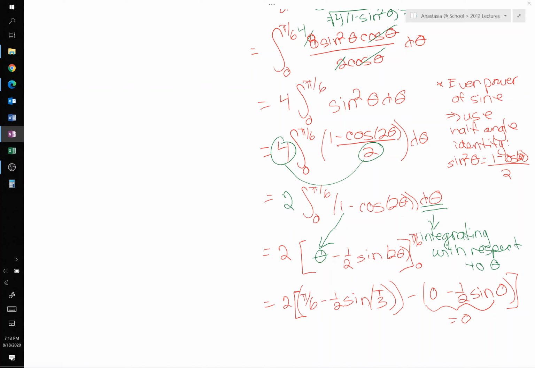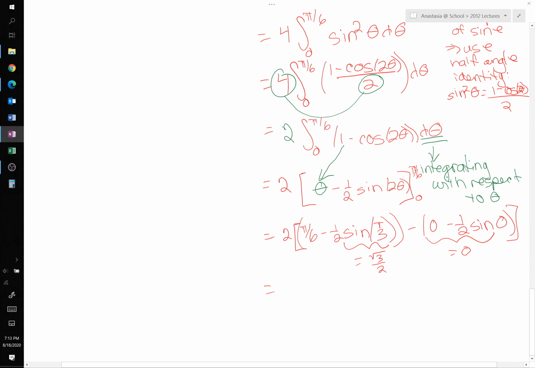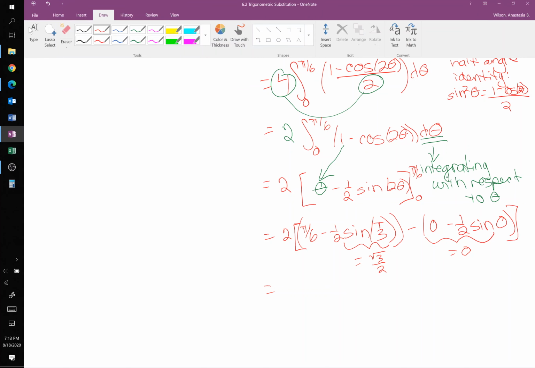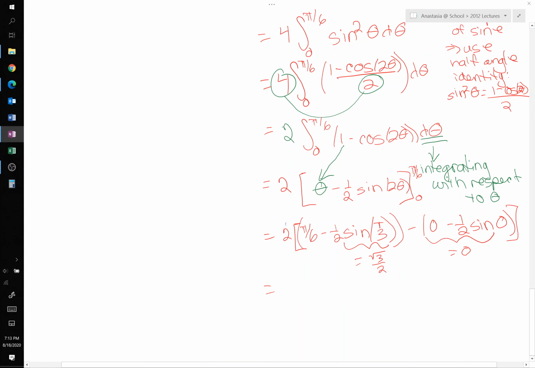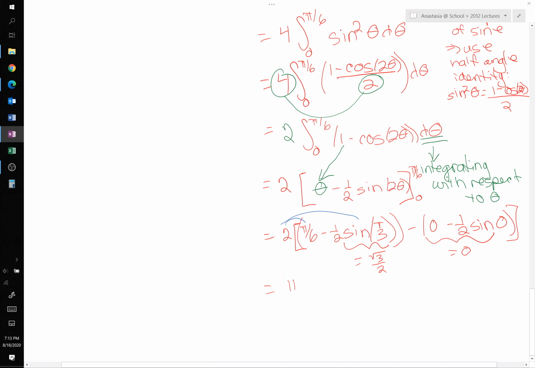so all you really have to do is evaluate the first part. The sine of pi over 3 is equal to the square root of 3 over 2. So this is equal to, I'm going to distribute my 2 in the next step. Distribute 2 so that we get pi over 3 minus 2 times 1/2 will cancel out, and we've got a root 3 over 2.